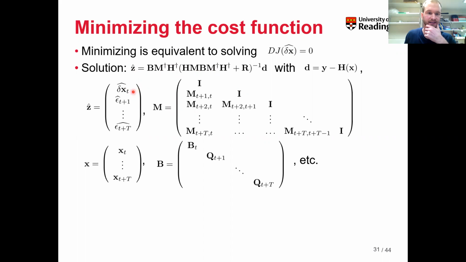So in this case, the factor z consists of your model correction at the beginning of the analysis window, plus all the model errors at the different times within your analysis window, with the matrix B consisting of the covariance at the beginning.